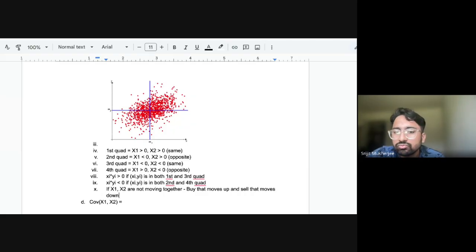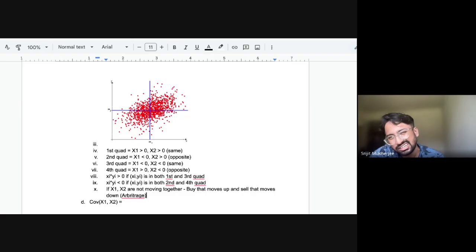Something like this. If both are moving in the same direction, that's not important because you cannot use it. So this is something called arbitrage. You can say buy x1 and sell minus of x2 if they are moving together.